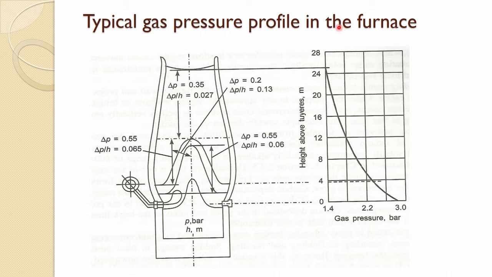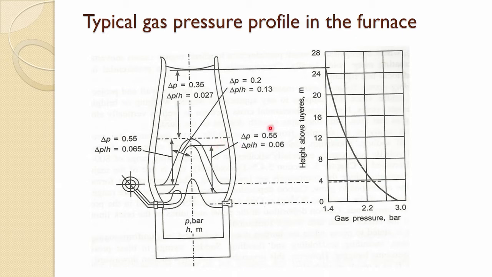This figure gives a typical gas pressure profile in the furnace. You can see that the pressure drop in this region is very high. This is between the dripping zone and the upper cohesive zone, and if you take the upper boundary of the cohesive zone at which it starts softening the charge, from there it is again almost the same.